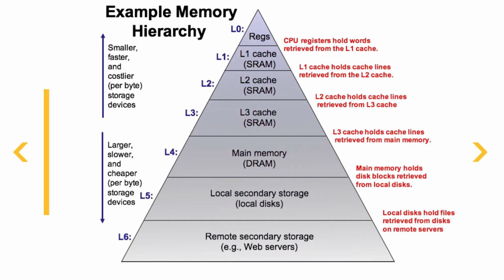So the CPU registers hold words retrieved from the L1 cache at level 1. The L1 cache holds stuff that's retrieved from the L2 cache, which in turn holds stuff received from the L3 cache. Now, those can all be static RAM, right? And we've got more in the L3 cache than in the L2 cache.